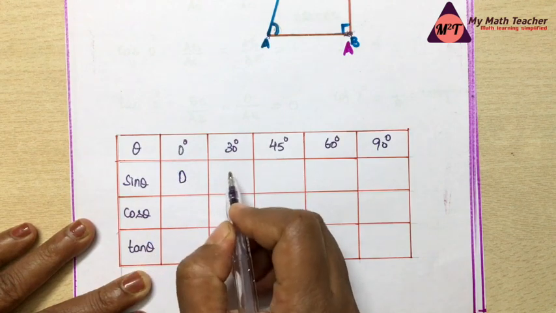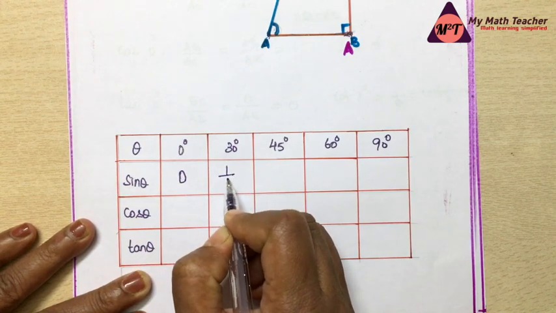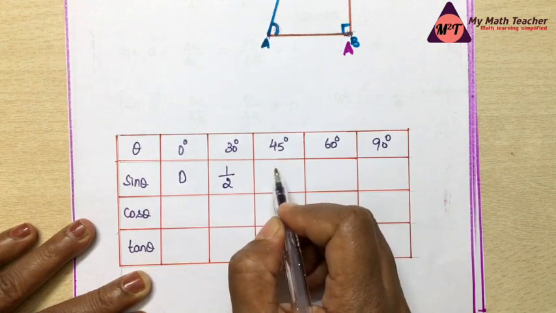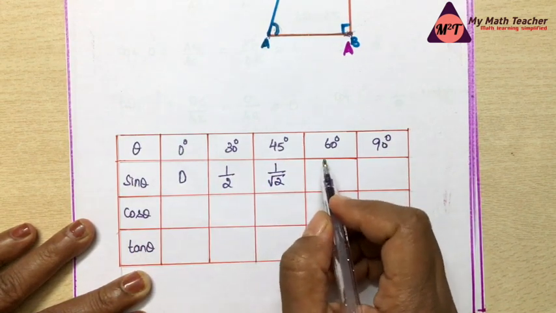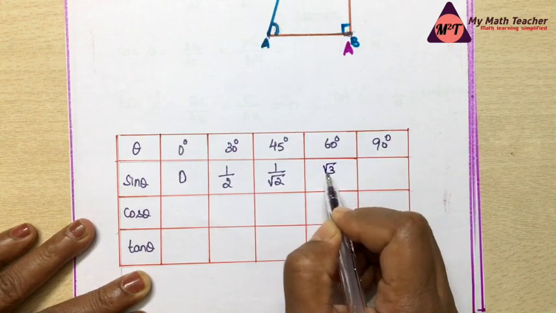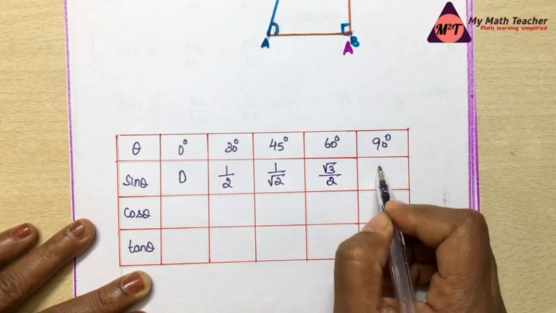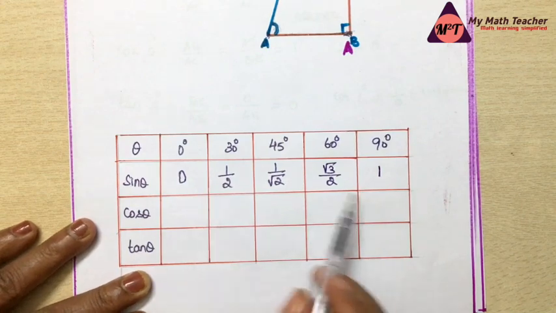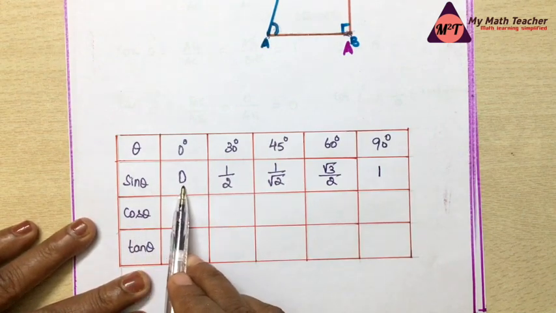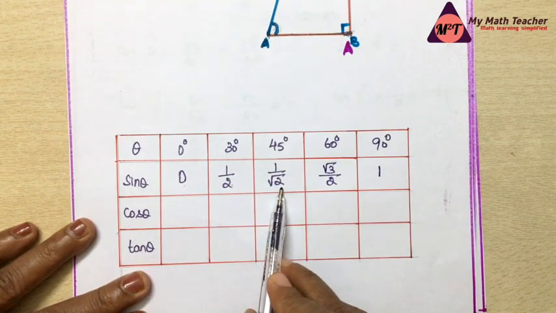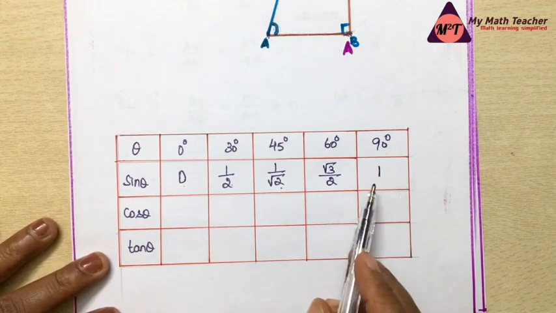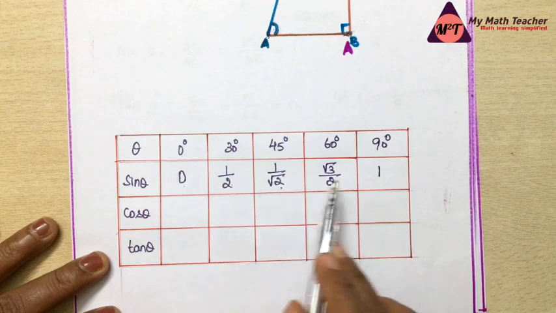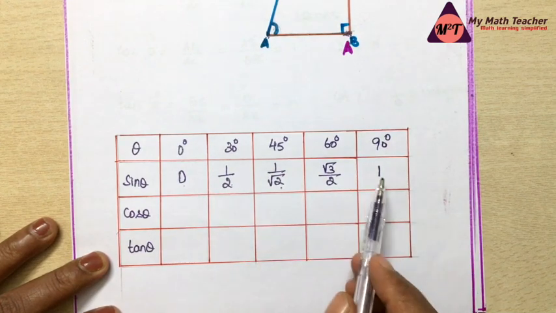Sine 30 is 1 by 2. Sine 45 is 1 by root 2. Sine 60 is root 3 by 2 and sine 90 is 1. If you remember this and write it correctly, the rest is very simple.